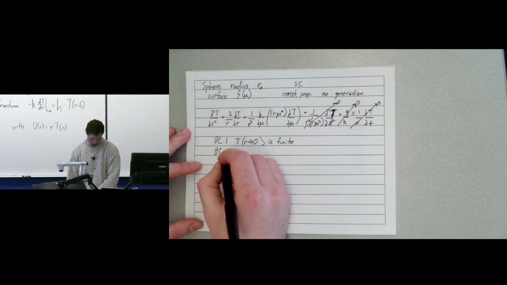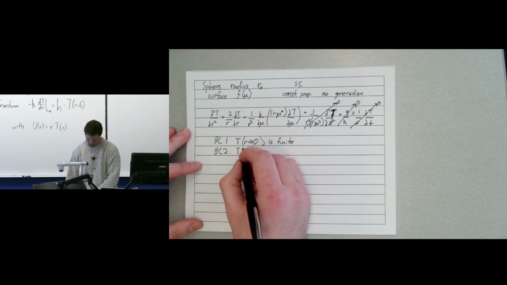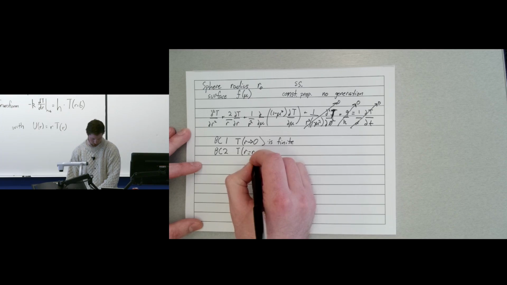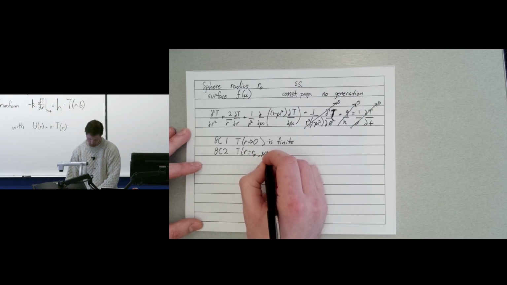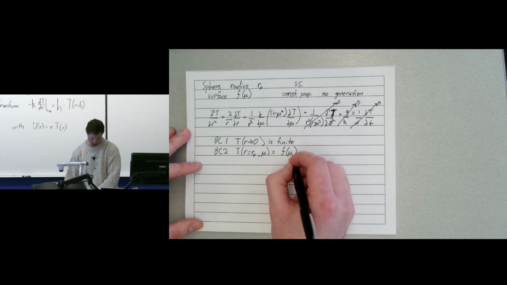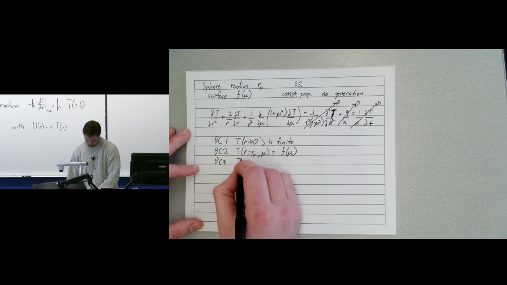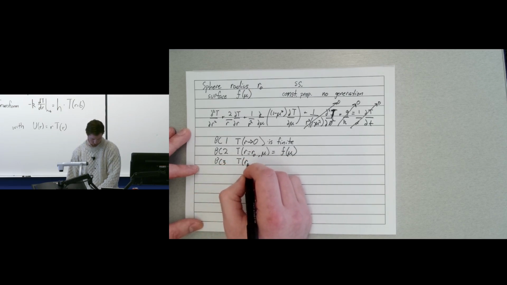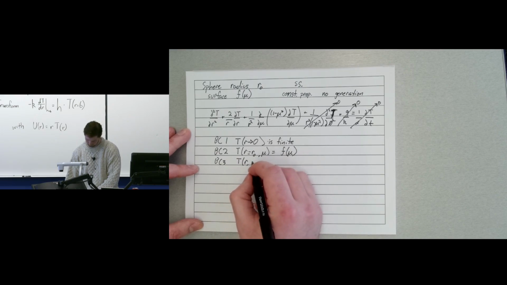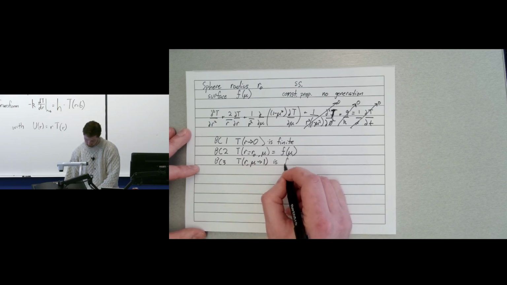Second boundary condition is going to be our non-homogeneous, which is T at r equals r naught for all of mu is equal to some function in mu. And our last boundary condition is T as mu approaches 1 is finite.